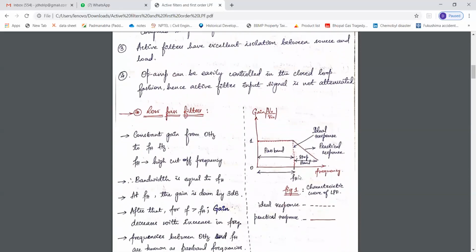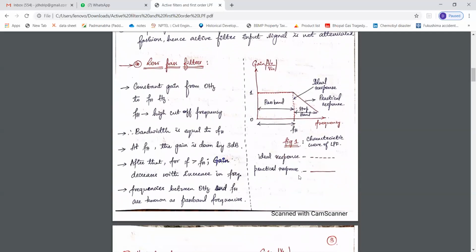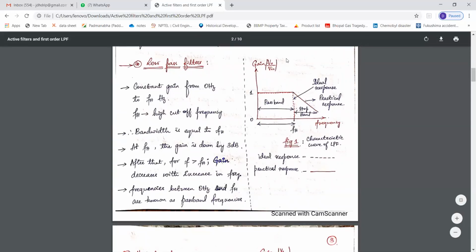Let's see what a low pass filter, high pass filter, band pass filter, and band reject filter mean. First let us consider the low pass filter. In general terms, it should pass the low frequencies and attenuate the higher frequencies. This is the characteristic curve of a low pass filter.